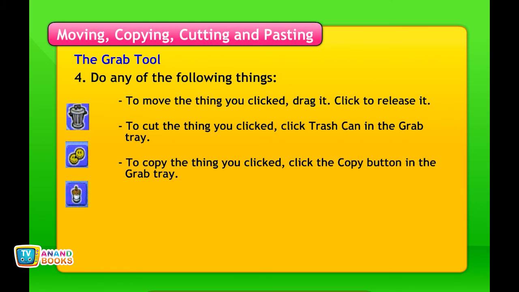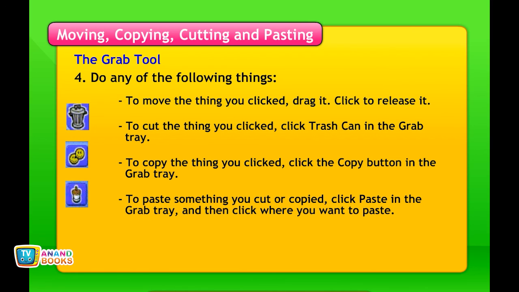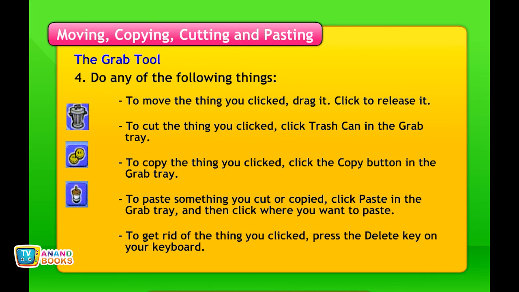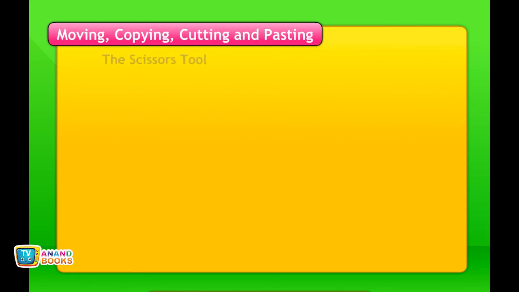To copy the thing you clicked, click the copy button in the grab tray. To paste something you cut or copied, click paste in the grab tray and then click where you want to paste. To get rid of the thing you clicked, press the delete key on your keyboard.